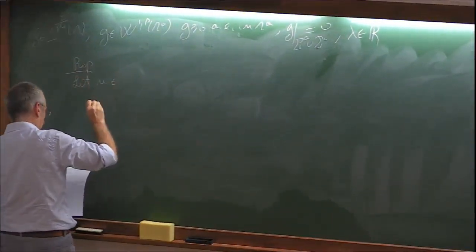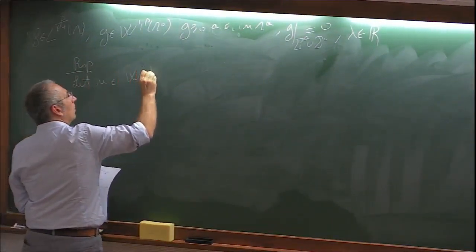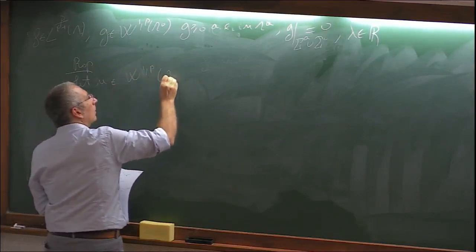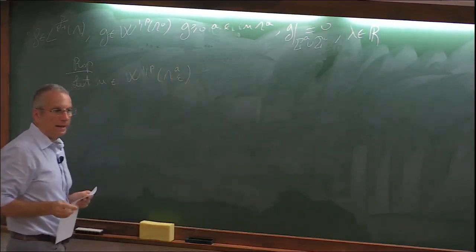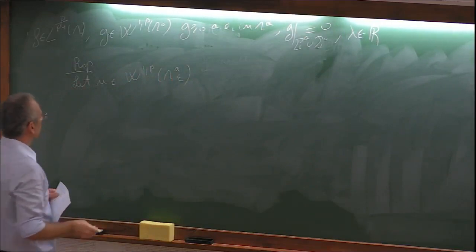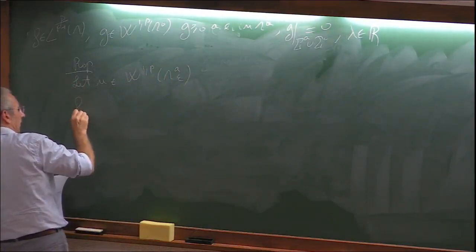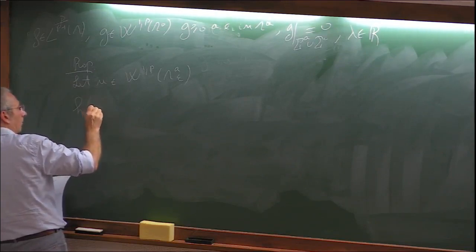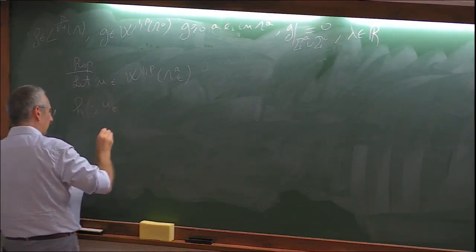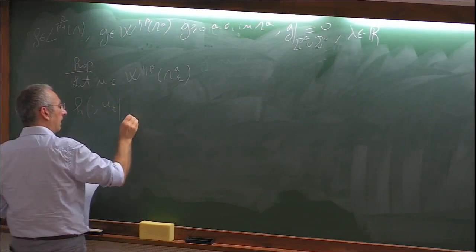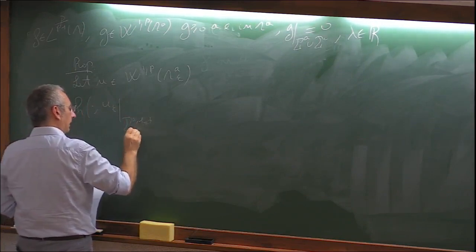Let u in W1P omega A epsilon. Then you can consider h of u epsilon on sigma A lateral epsilon.